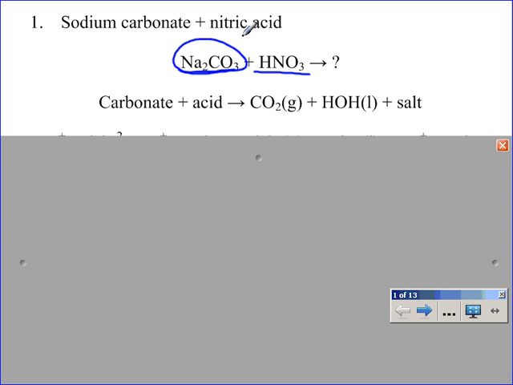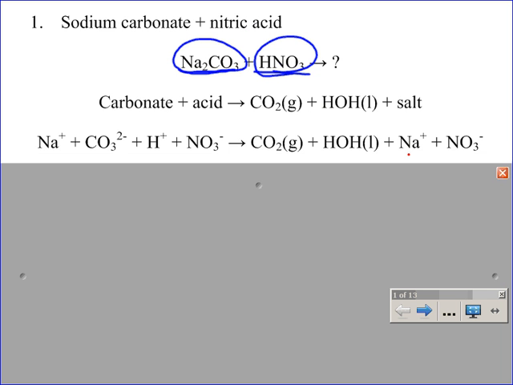The same is true for nitric acid. It's a strong acid, and all strong acids completely break up into their ions. So that tells me I'm going to have these individual pieces: sodium and carbonate ions, hydrogen ions, nitrate ions.